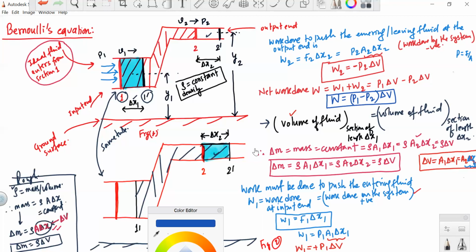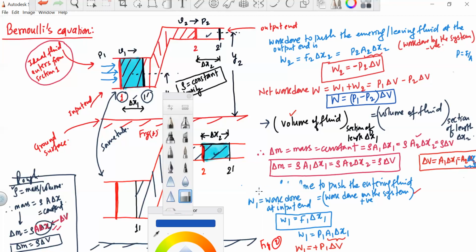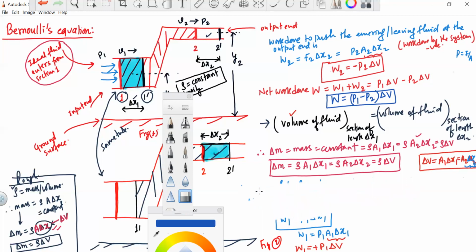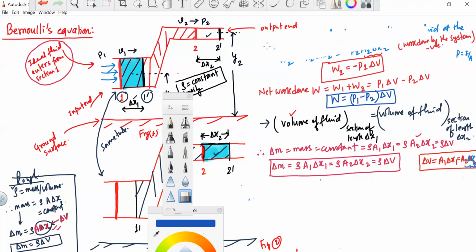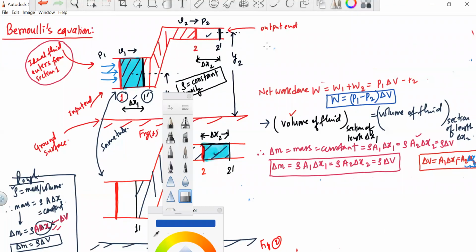Now, I'm erasing this, okay? Let me rewrite this over here.